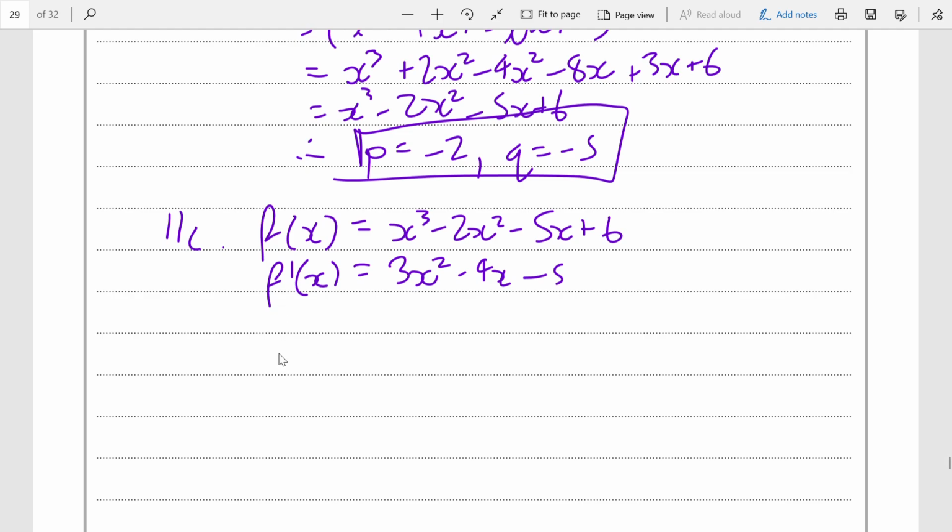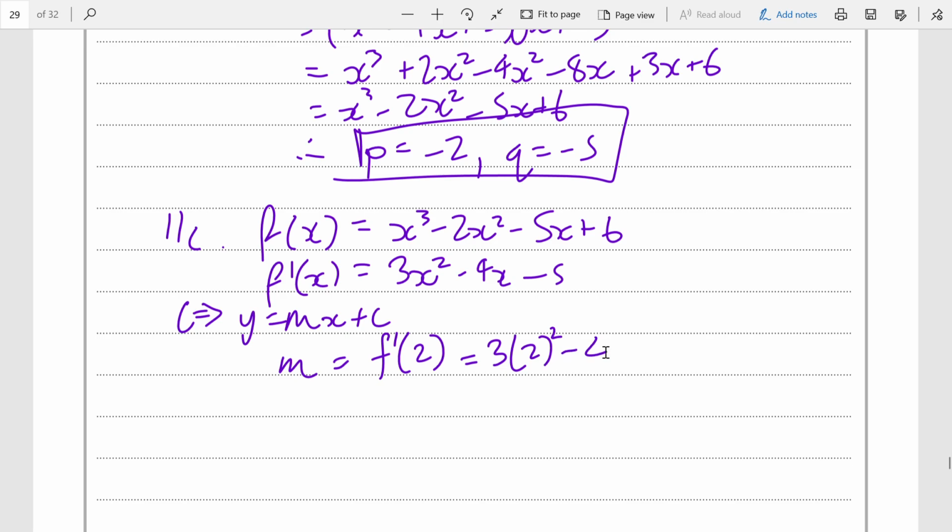So we're going to say the line is going to be y is mx plus c. M is going to be the derivative of f(x) at 2, which will be 3 times 2 squared minus 4 times 2 minus 5, which will be 12 minus 8 minus 5, or negative 1.